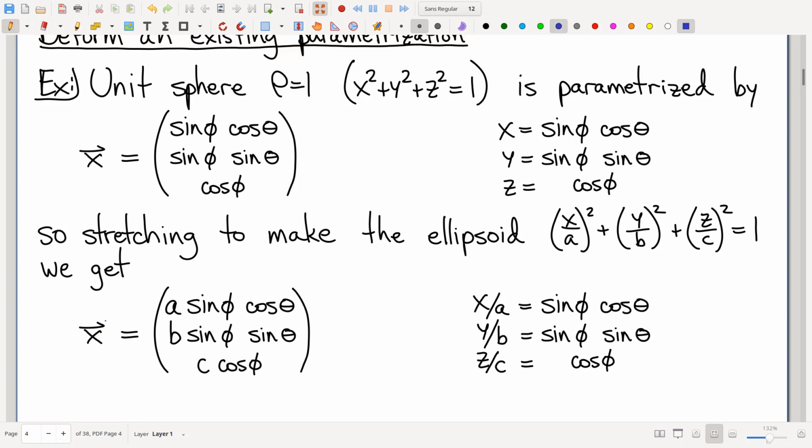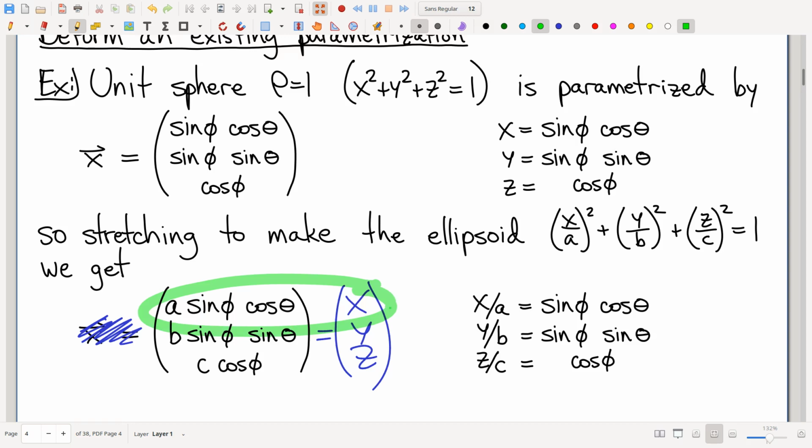Let me remind you that this is XYZ. There's a difference between what you do to what X is versus what you do to where X is written, right? And even though in one case I divided and in one case I multiplied, I think you'll grant me these equations are in fact exactly the same.